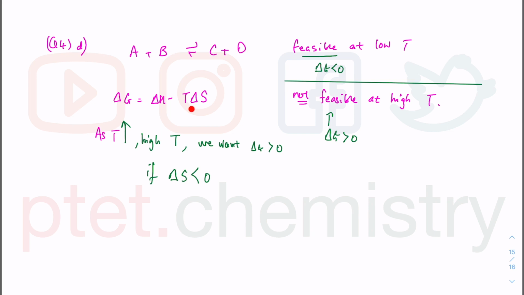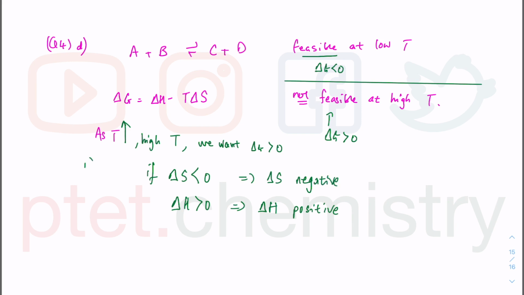If delta S is negative, then minus T is negative, and minus T times a negative delta S will give you positive, and you want delta G to be greater than 0, so you want delta H to be greater than 0 as well. Okay, so in terms of the sign, the delta H is going to be positive, and the delta S is going to be negative.